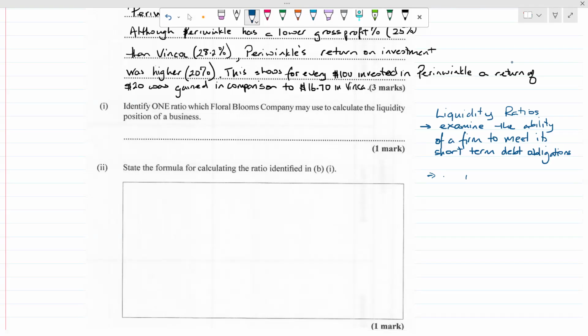So there are two ratios that calculate liquidity. One of them is the current ratio, and the other one, which is a bit more robust than the current ratio, is the acid test ratio.